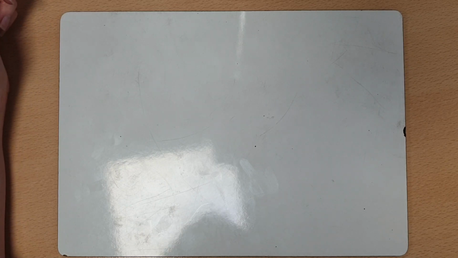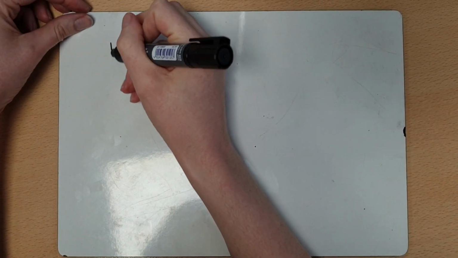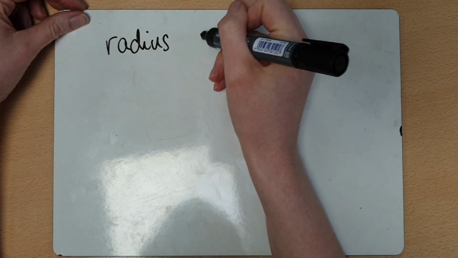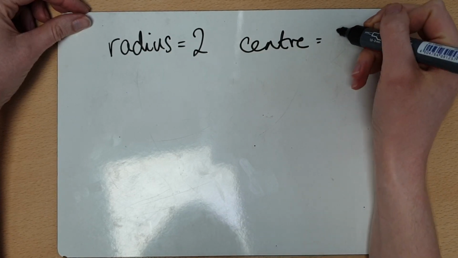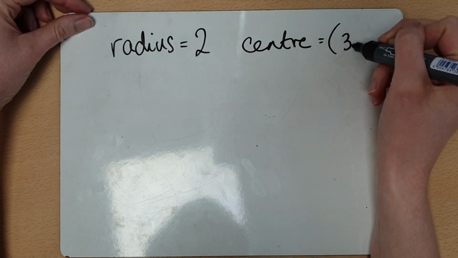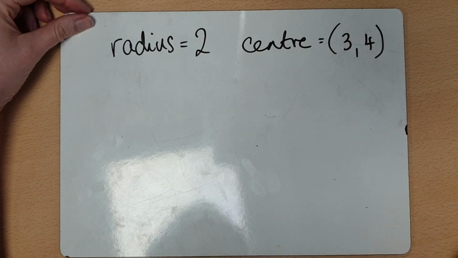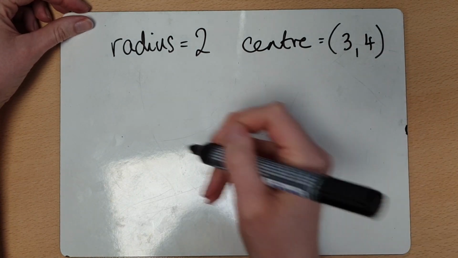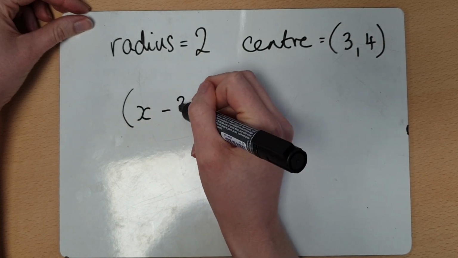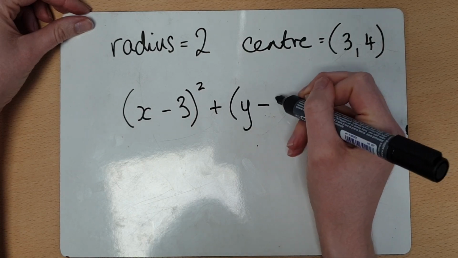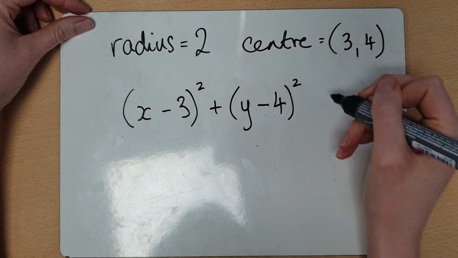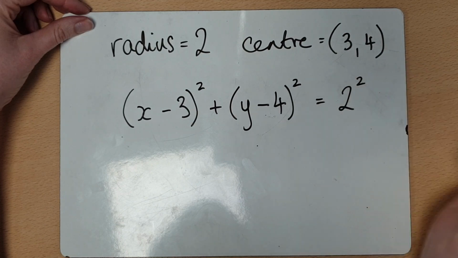I'm just going to take you through equations of a circle. So, for example, if I have a circle with radius 2 and centre (3, 4), then the equation of that circle is going to be (x − 3)² + (y − 4)² = 2².